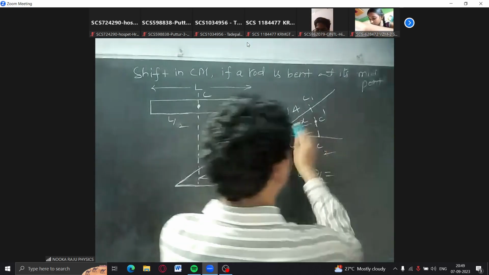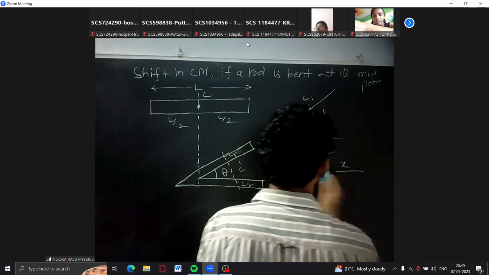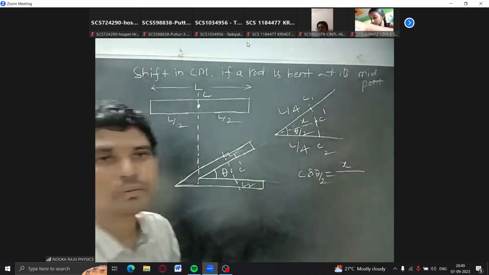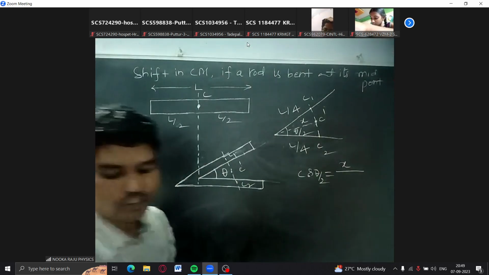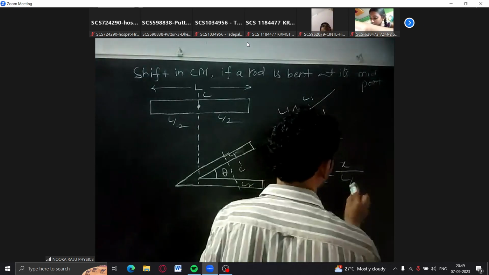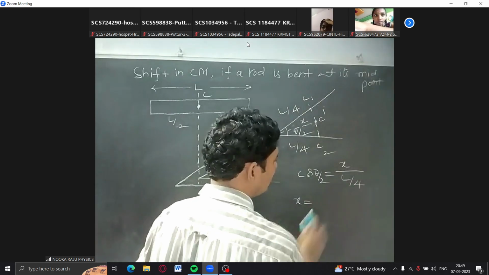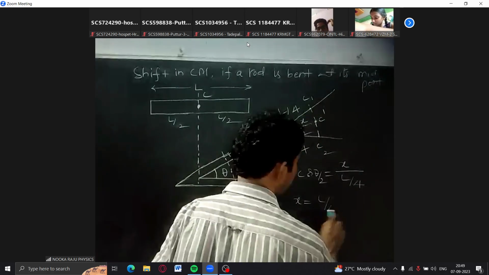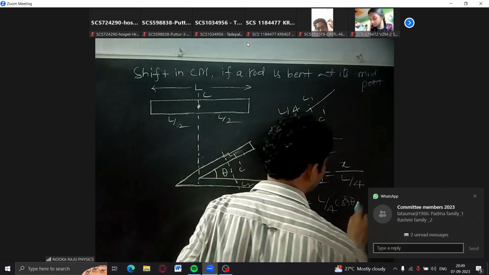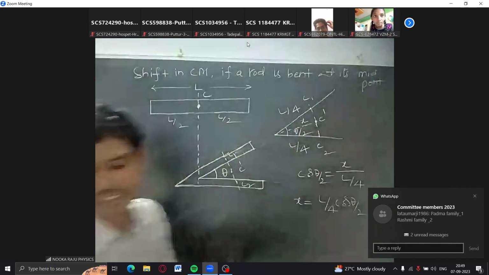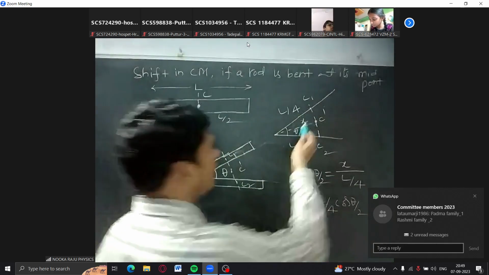Here the adjacent is x, and the hypotenuse equals L by 4. Therefore, x equals L by 4 cos theta by 2. So this is the x value.